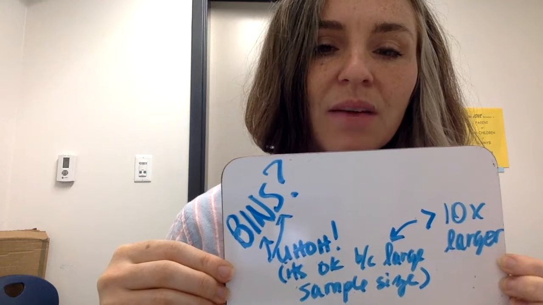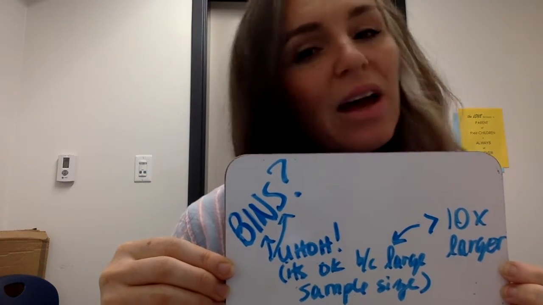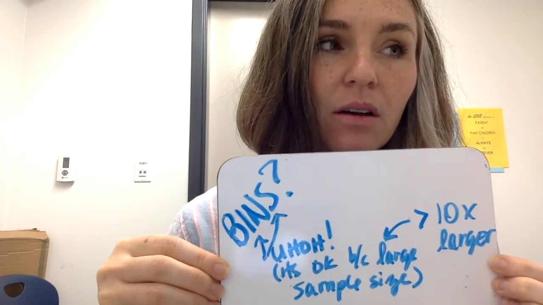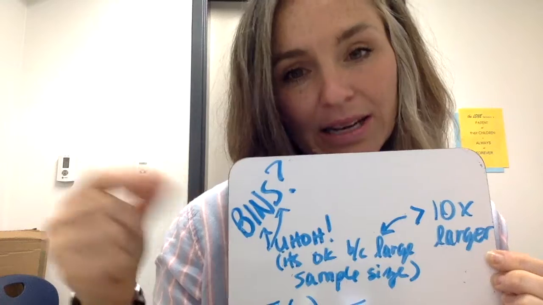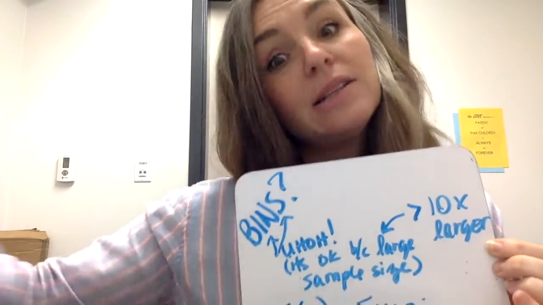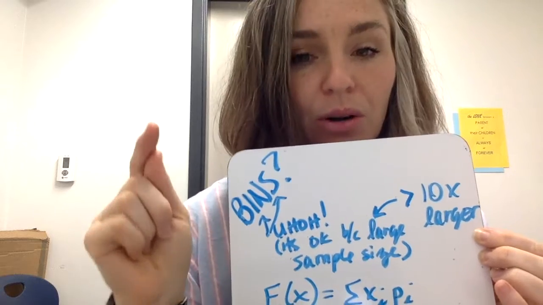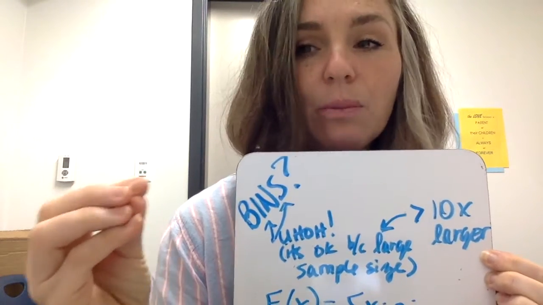But then you go to, are they independent? And do they have the same probability? And you think, no, because you are not replacing, right? If you pick an E, it's gone. The trick with this one is that you have a huge sample size, right?